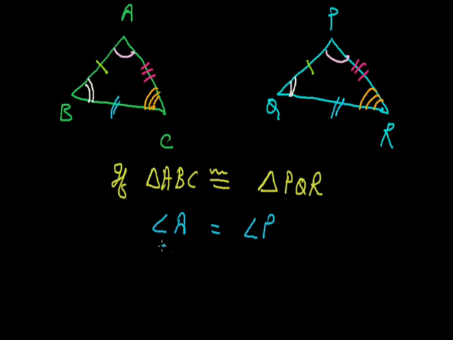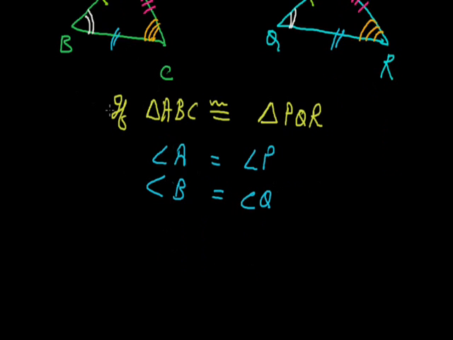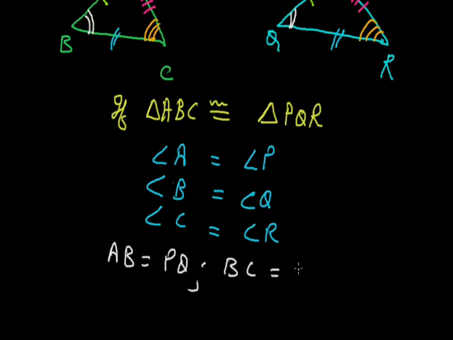Then angle B will be equal to angle Q and angle C will be respectively equal to angle R. Along with this, the side AB will be equal to PQ, side BC will be equal to side QR, and side AC will be equal to side PR. Then only the two triangles will be congruent when they satisfy all these three conditions.